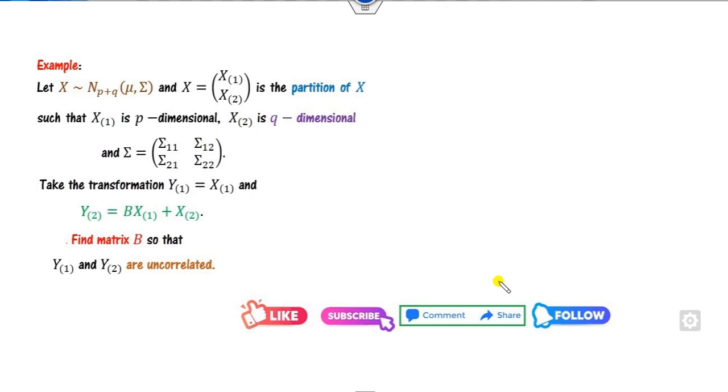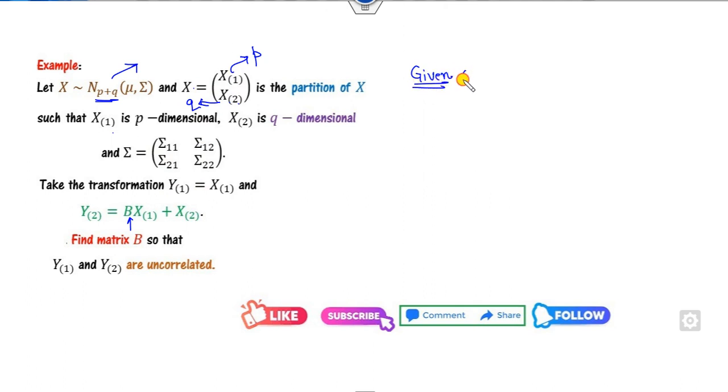Okay, look at this another example. If X follows my multivariate normal distribution, capital X is my P partitions, X1 is of my P dimension, so definitely X2 is of Q dimension because it's P plus Q, such that sigma is the covariance matrix of this X. Take the transformation, find the vector B, matrix B, so that they are my uncorrelated.